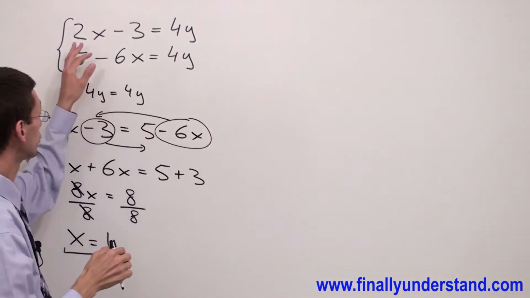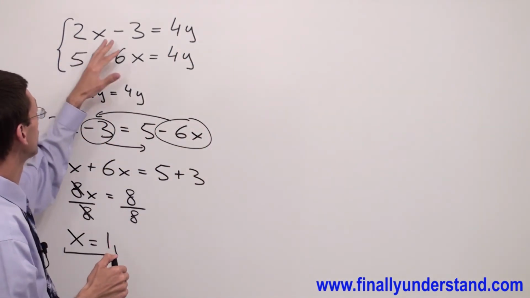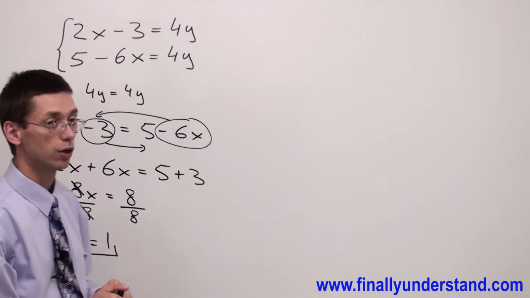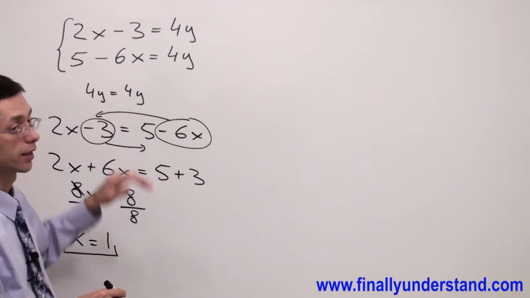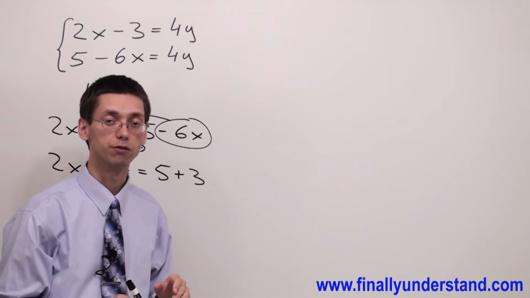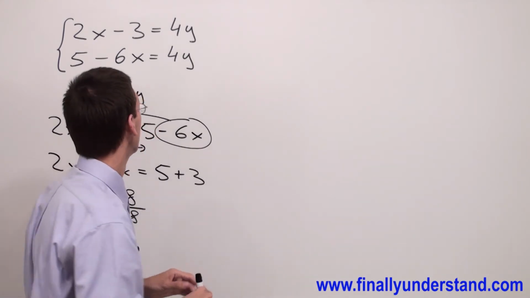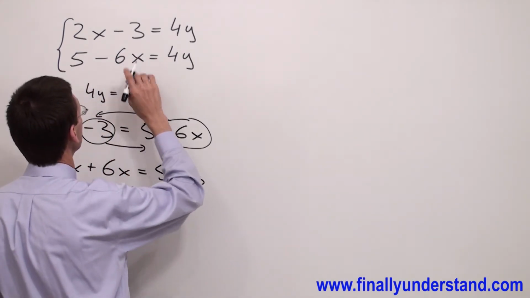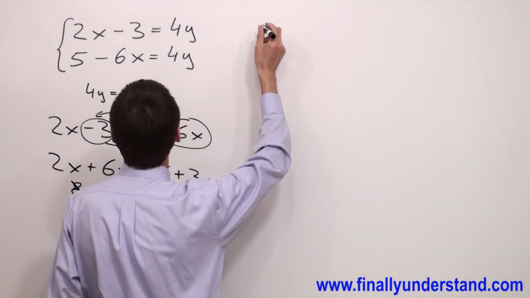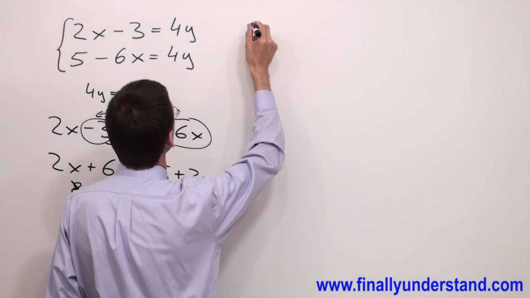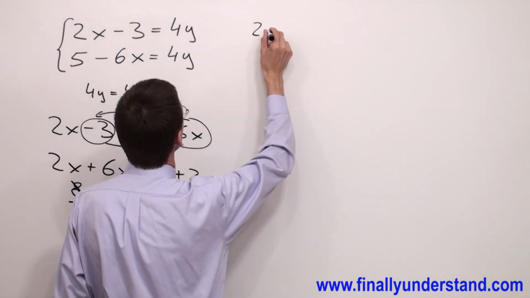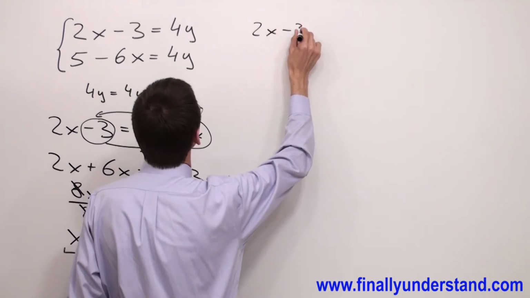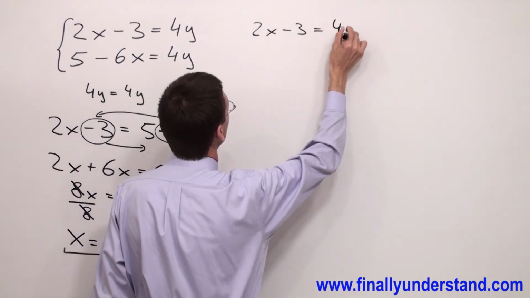Why I took first one? Because the values of the coefficients are lower than in the second one. Okay, maybe there is no big difference, but still lower than the second one. So that's why I have 2x minus 3 is equal 4y.